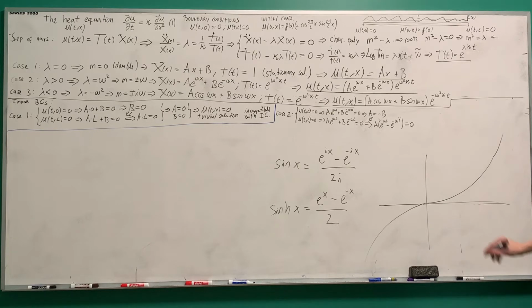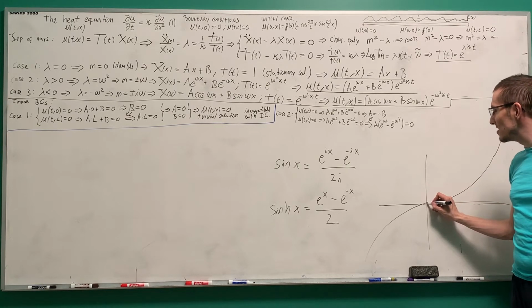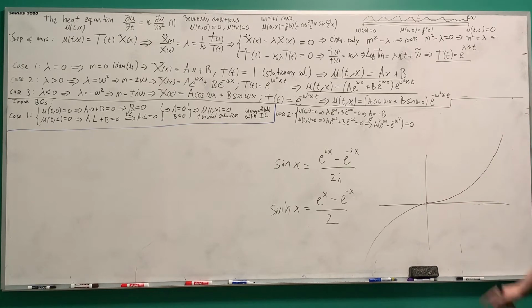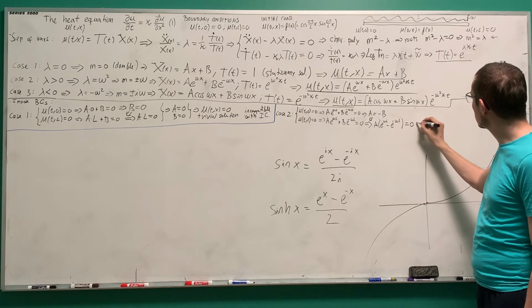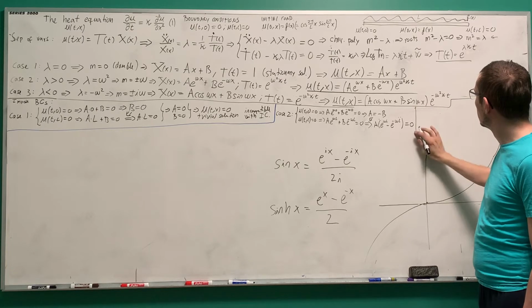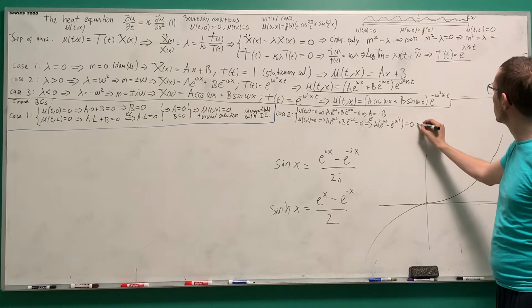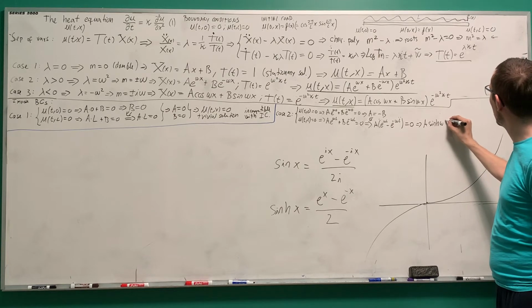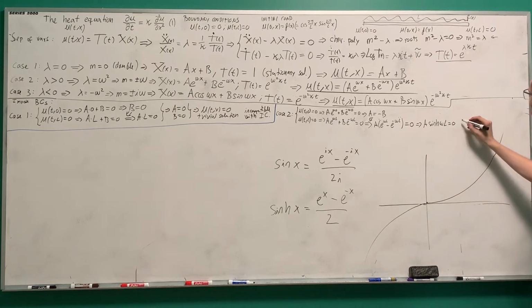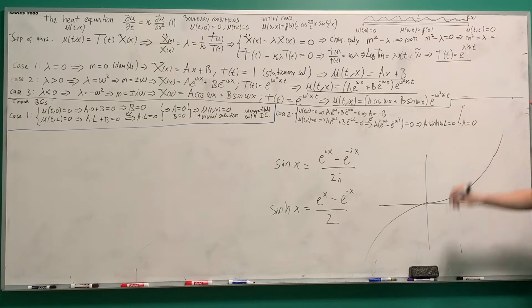So then we realize that the sinh is only 0 when the argument is 0. All right, so let's write this. This thing means that A times the sinh of omega L equals 0. So there are two options. Either A is equal to 0.